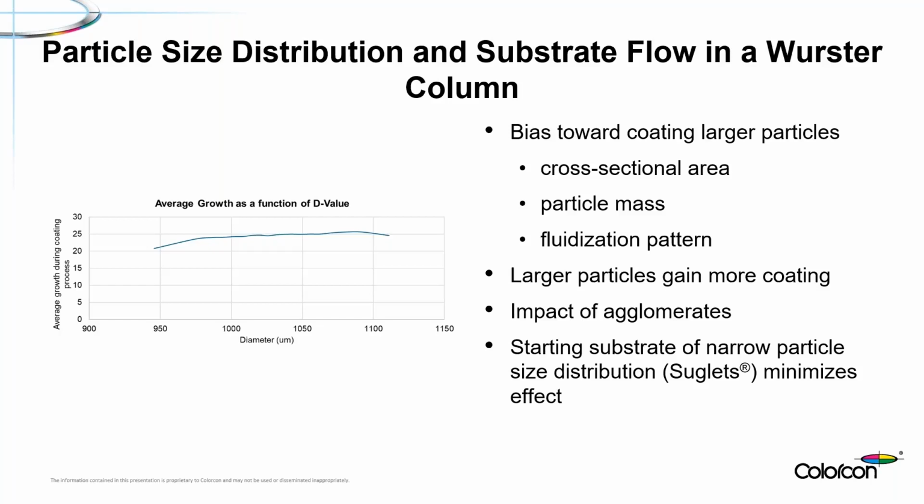Heavier particles by mass also move slower through the up-bed, increasing dwell time in the spray zone. And larger particles by mass fluidize lower in the up-bed direction, resulting in more passes through the coating zone. It is for these reasons that larger particles can gain more coating over the course of a coating trial.